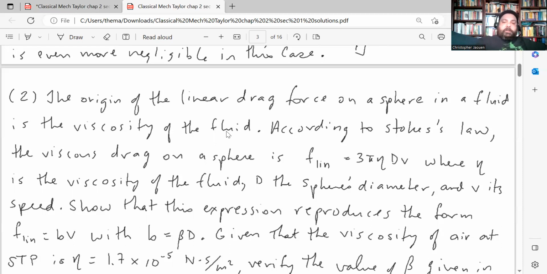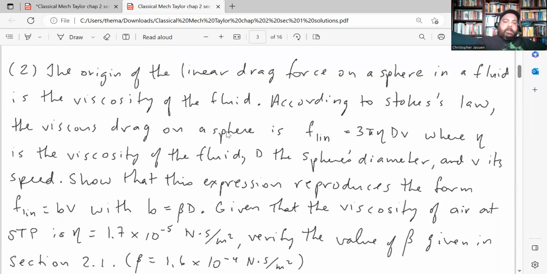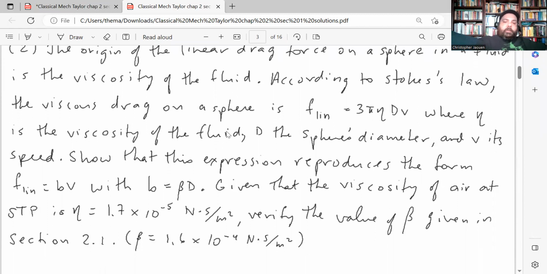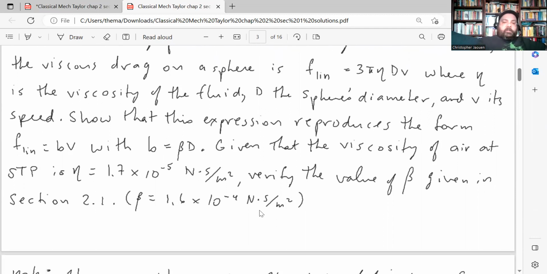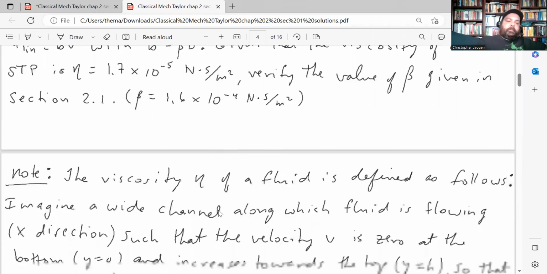Show that this expression reproduces the form F_lin equals bv, with b equals beta d. Given that the viscosity of air at STP, meaning standard temperature and pressure, is eta equals 1.7 times 10 to the minus 5 Newton seconds per meter squared, verify the value of beta given in section 2.1, which was 1.6 times 10 to the minus 4 Newton seconds per meter squared.